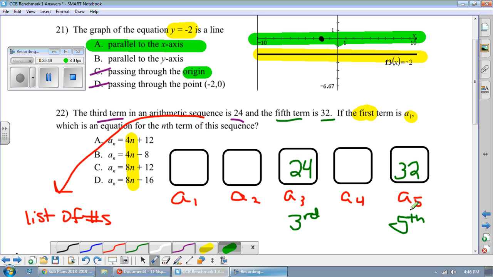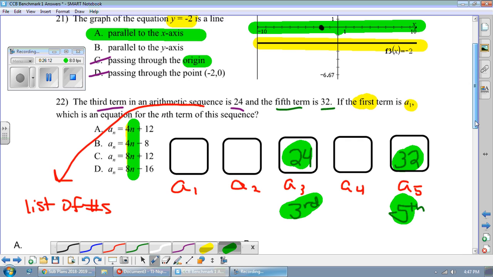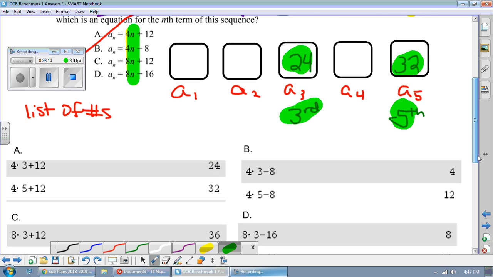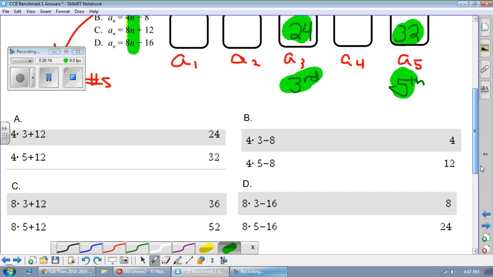It also means that if the 5th term is 32, if I substitute a 5 where each of these n's is, I should get 32. So one of these possible choices, if I substitute a 3, I get 24. If I substitute a 5, I get 32. So I've already done that in the calculator. I just have to find the right match.